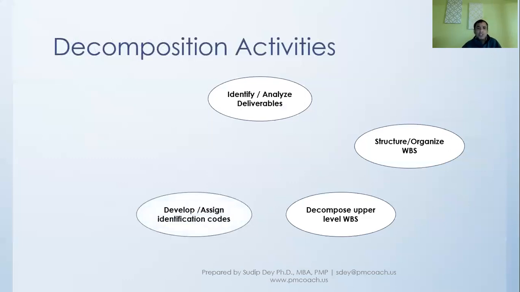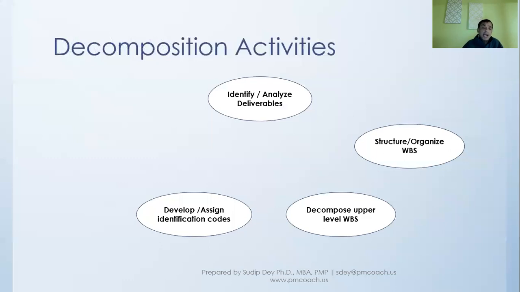Once we do that, we keep on decomposing until we get to the last level of decomposition, and the last level component is what we call a work package, and we provide identification codes to those work packages.